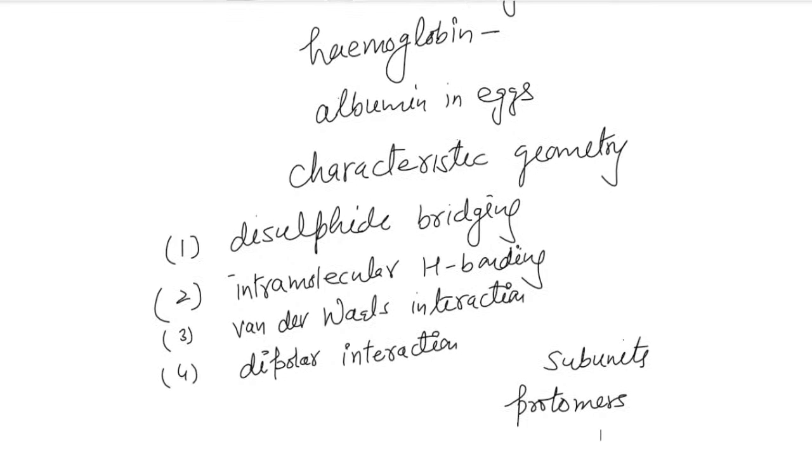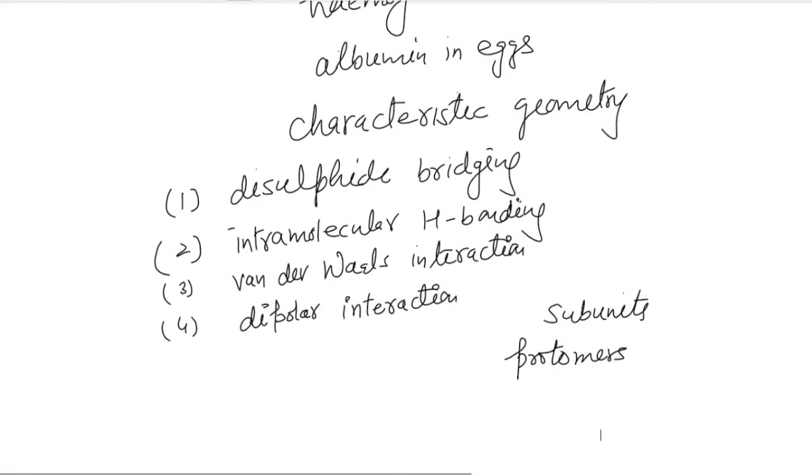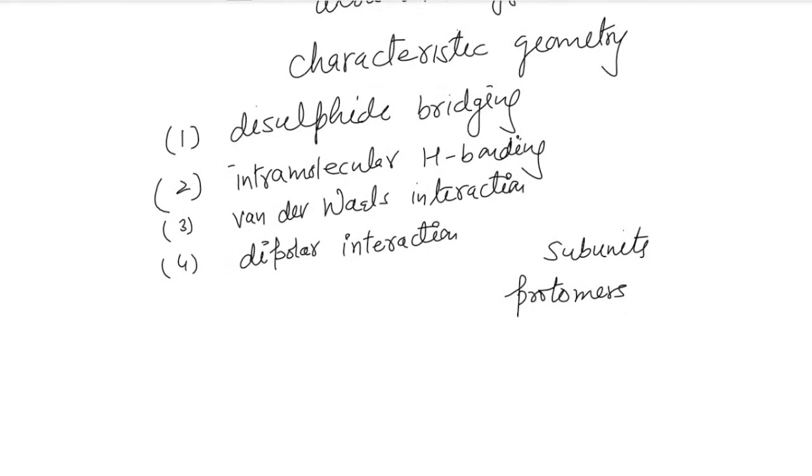As I said earlier, each subunit means each polypeptide chain has its own three-dimensional geometry. And when all these subunits are held together by hydrogen bonding and van der Waals attraction, that gives the overall spheroidal shape. So this is all about fibrous and globular proteins.